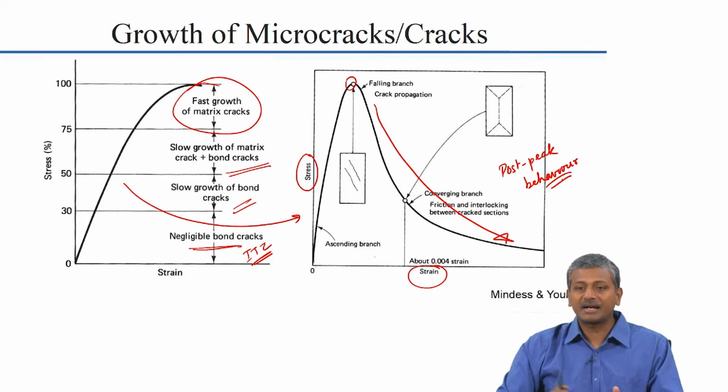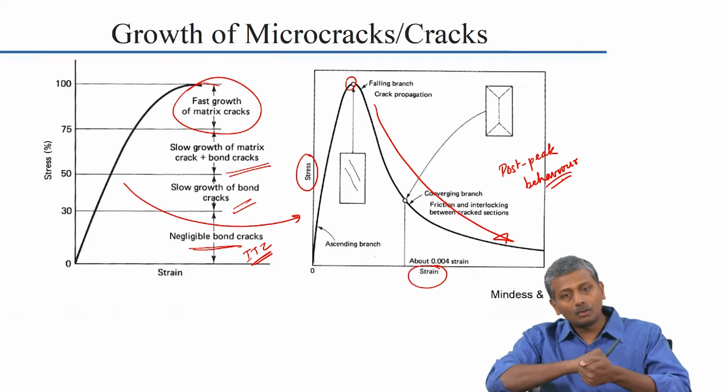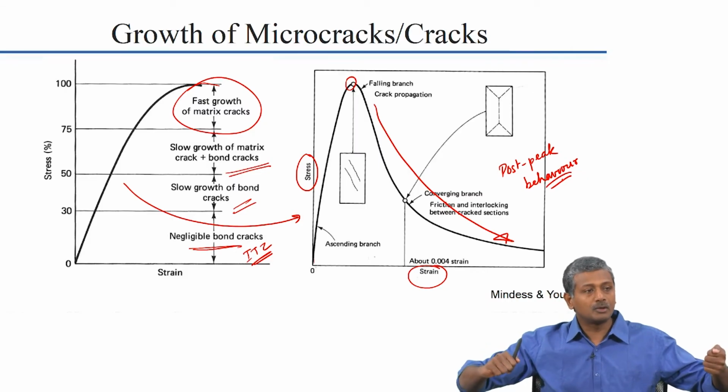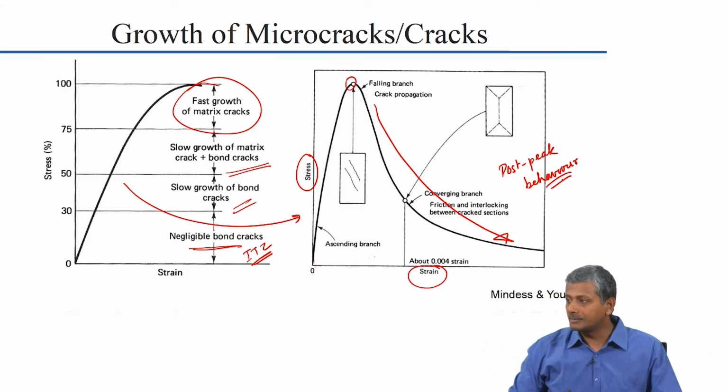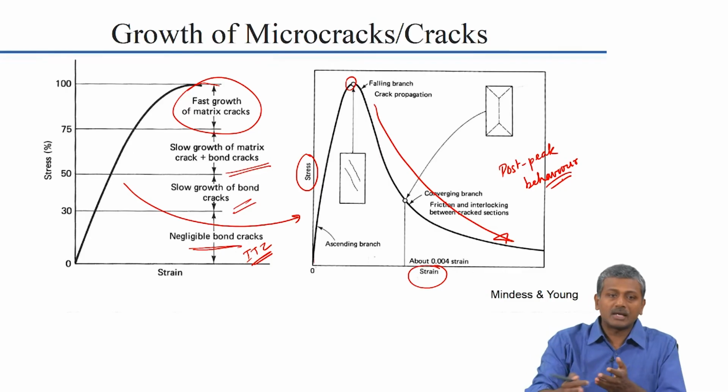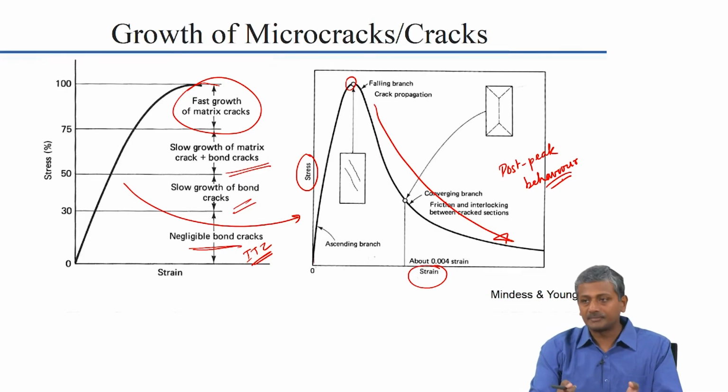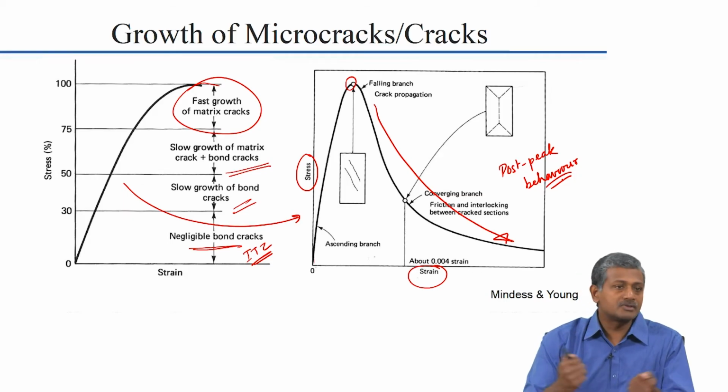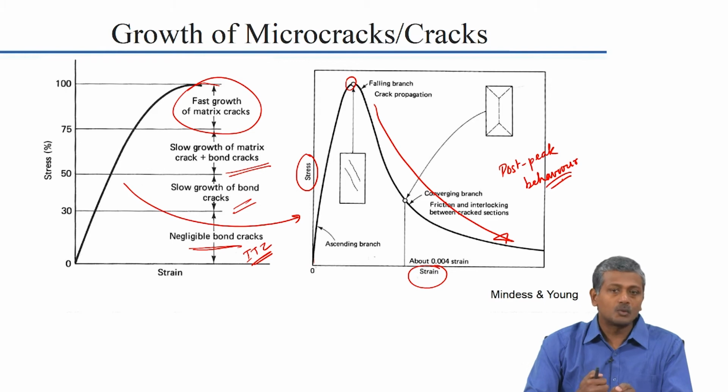Okay. So, because you have cracked sections which are interlocked, the opening up of the concrete after the peak load is reached does not happen suddenly. Now, as opposed to this, if you just check paste, if you have cement paste that you test in compression, there is nothing holding it. So, the failure of cement paste will be brittle. So, once it reaches a peak stress, there is no more deformation, it just breaks apart.